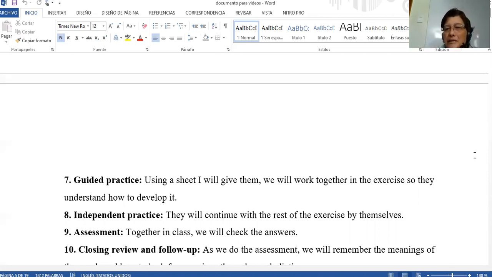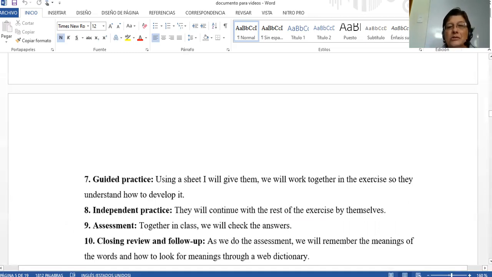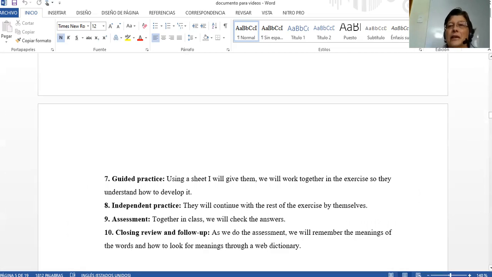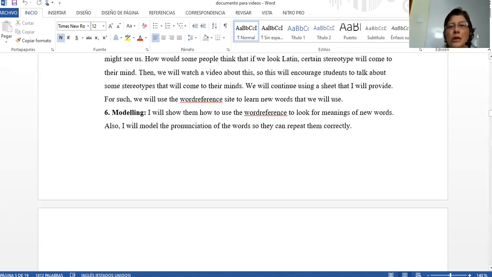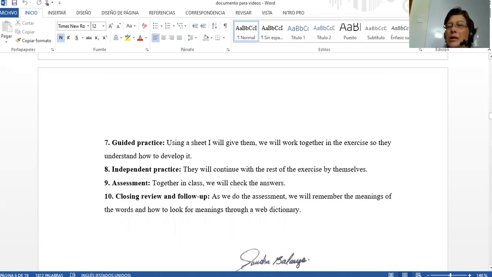So that is something that they have to realize and understand, so they can start practicing and using their critical thinking and their reasoning to find out the meaning of some words through context. So as a guided practice, we will be working with the first sentence together to see how the activity works.